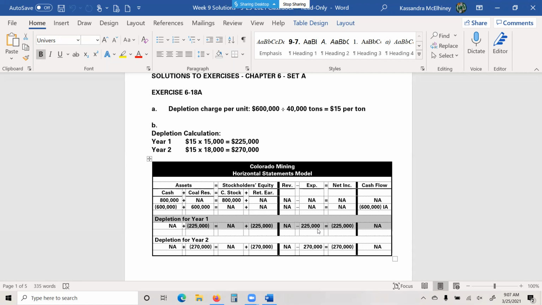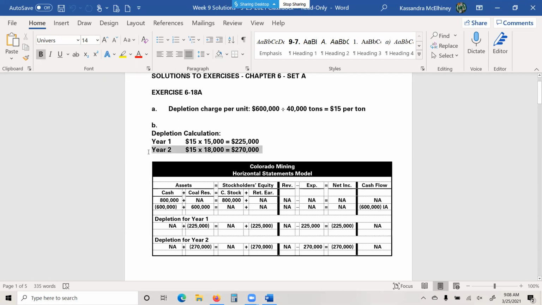And no resulting change in cash flows, because there was no cash involved. It was just an allocation of the cost of that coal mine over its useful life. And this time we used an estimate based on units of production, which is the general method for depletion.